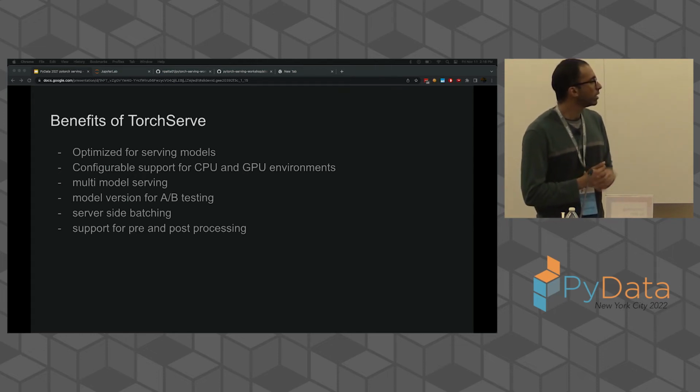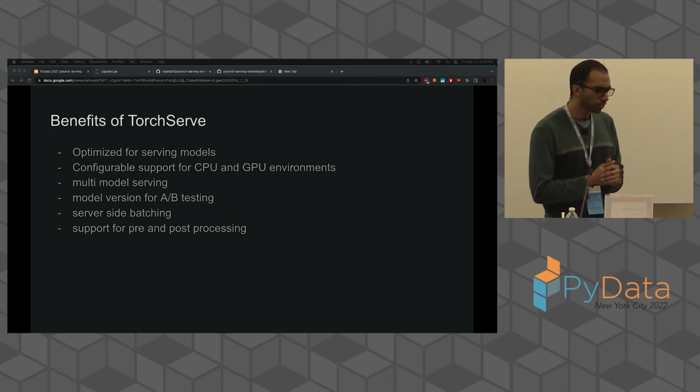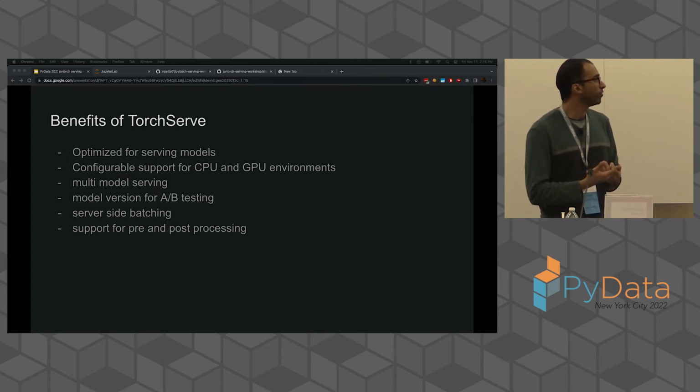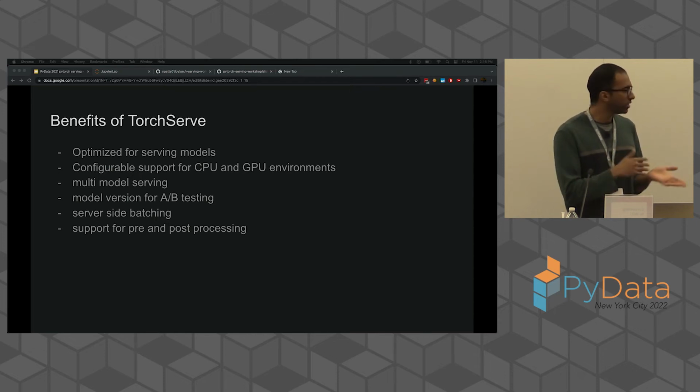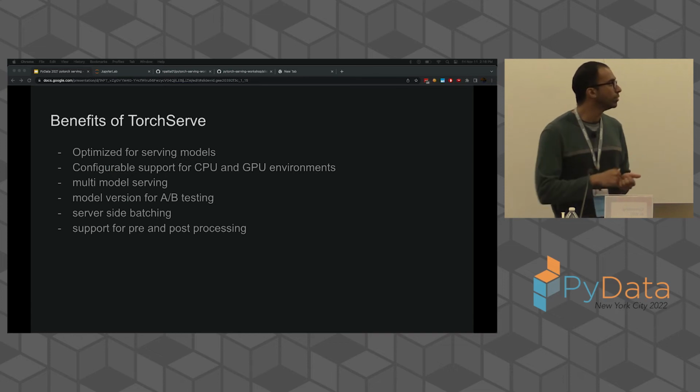The other benefit is server-side batching. If you're getting a high number of requests, by default FastAPI or Flask deals with a single request. Even if they're served on a GPU, they're always going to be sending a single request to the GPU.